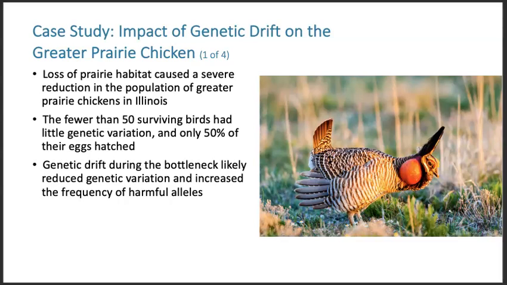Too much inbreeding can lead to reduction in fertility. So with 50% of their eggs hatching, this population is in deep trouble. And again, the cause of that was loss of habitat, which caused randomly some to be in prairies and some of them to be in farmlands. And so it ended up increasing the frequency of harmful alleles due to inbreeding.